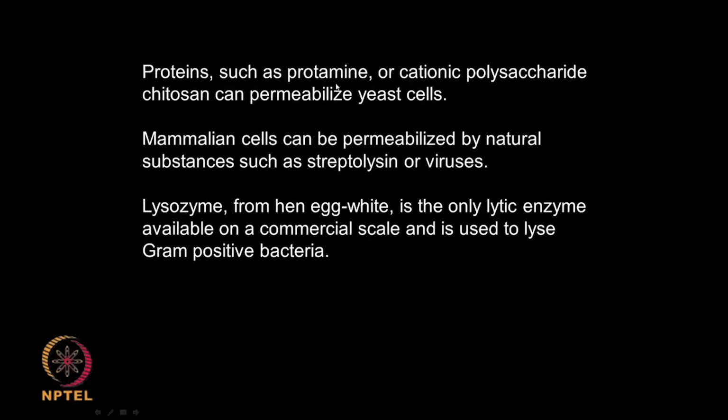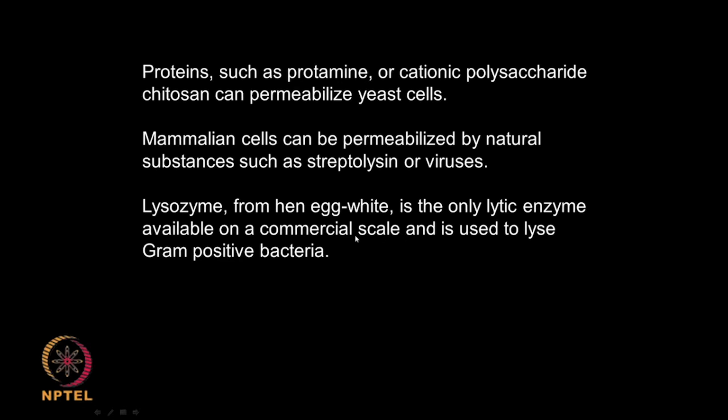So, proteins such as protamine or cationic polysaccharide chitosans can permeabilize these cells. So, mammalian cells can be permeabilized by natural substances like viruses or streptolysin. Lysozyme, this is an industrial process. Lysozyme from hen egg white is a lytic enzyme, and it is used to lyse gram positive bacteria. It is used in commercial industrial scale actually.